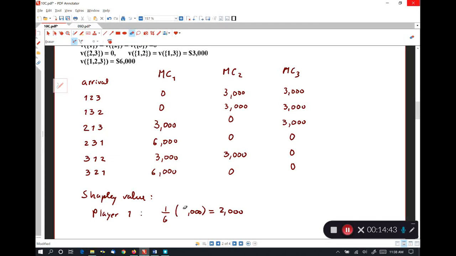So what is in the bracket here is 6, 12, 15, 18,000. So 1/6 of 18,000, which is 3,000.